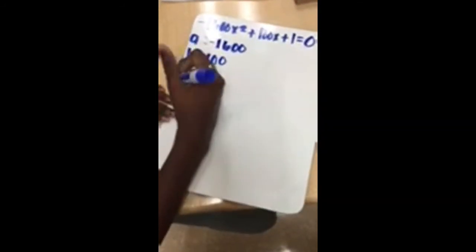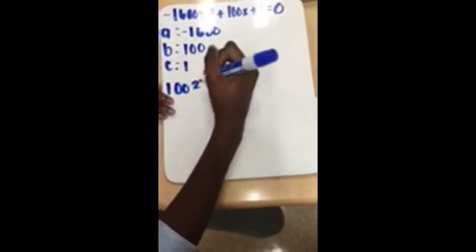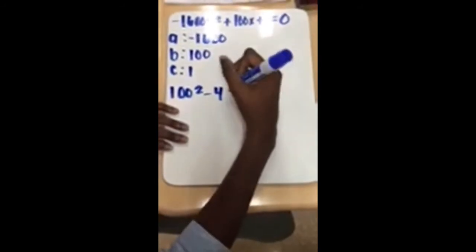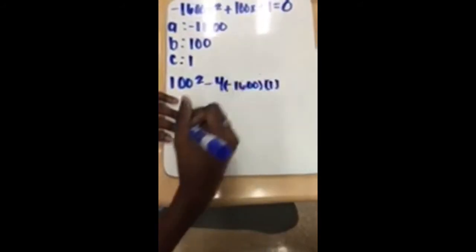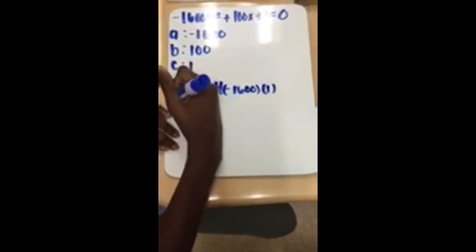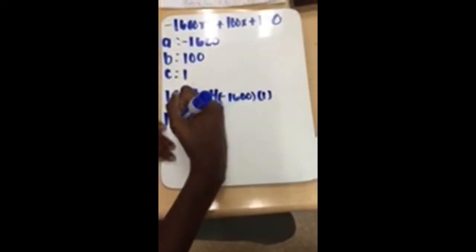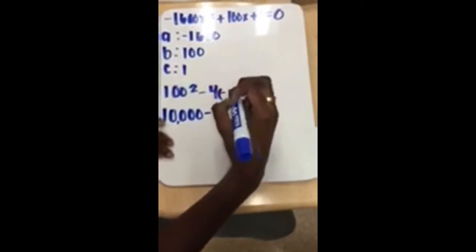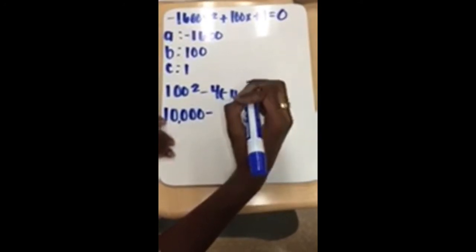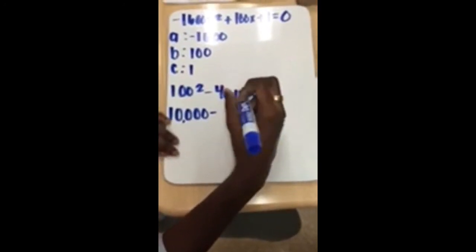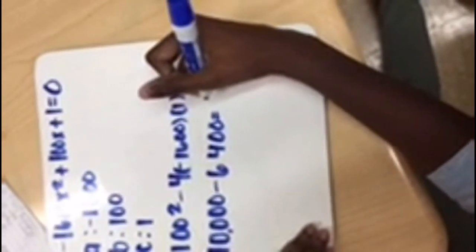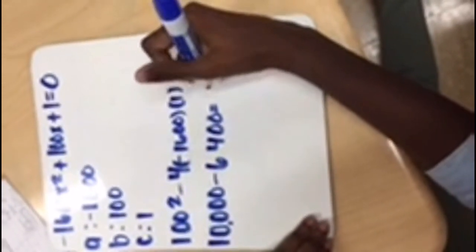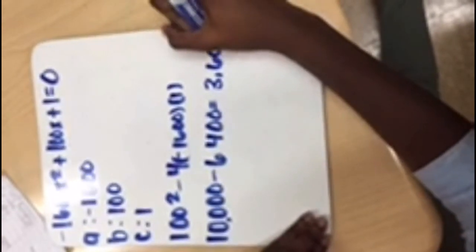B squared, so it'll be 100 squared minus 4, A is negative 1,600, and C is 1. 100 squared is 10,000 minus negative 1,600 times 1 is negative 1,600, times 4 is negative 6,400. 10,000 minus negative 6,400 will give you 3,600.